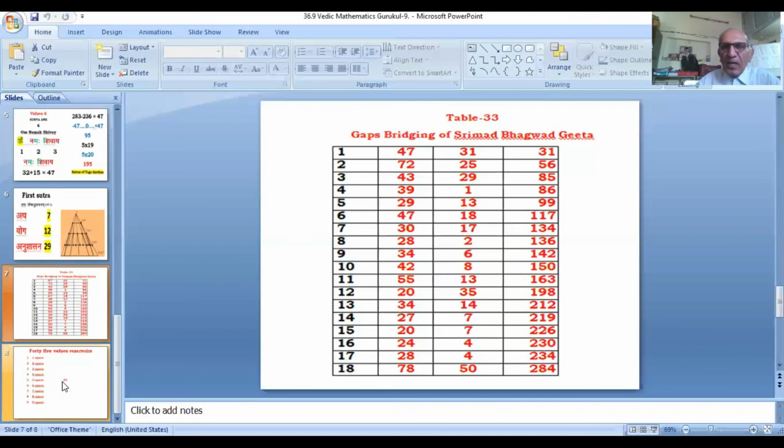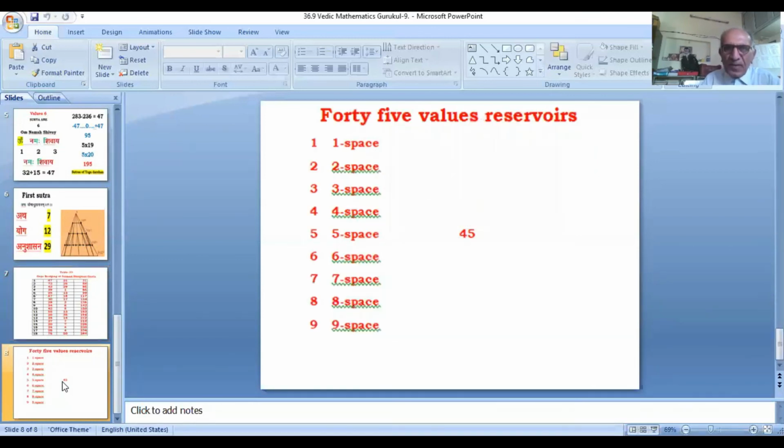Therefore, we shall today extend our previous 36 reservoirs as 7 hypercubes, 16 sutras and 13 sutras by having addition of 9 more reservoirs of Mool Ank, the basic numbers, 9 numerals, values 1 to 9, as numbers 1 to 9 are another set of reservoirs which deserve to be added.